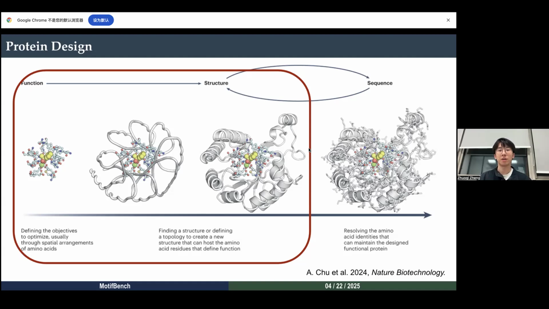So how do we know if the sequence is really compatible with the structure? We use the advancement of structure prediction methods like the AlphaFold series. We predict the structure from the sequence and compare the predicted structure with the originally generated scaffold.